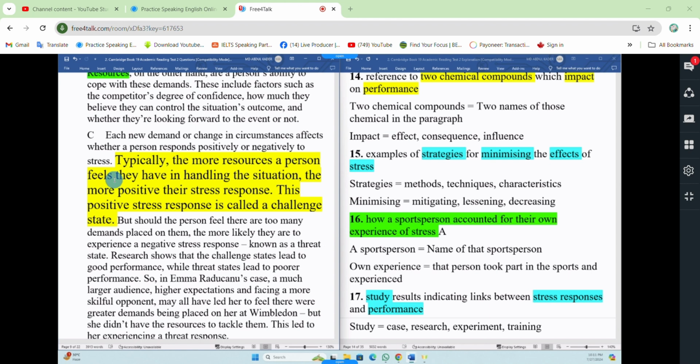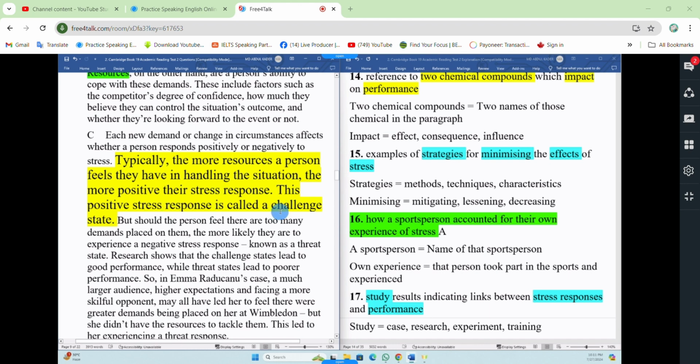I know how to fight or compete with my competitors or opposite partners. So I have enough resources in handling the situation. That means the more positive their stress response. So if I have enough resources, I can show a positive response regarding stress.